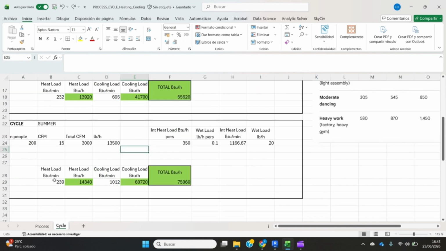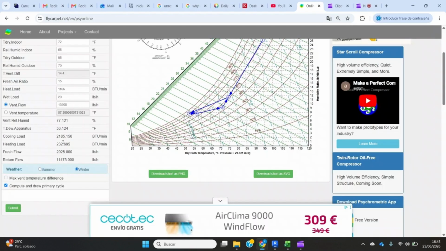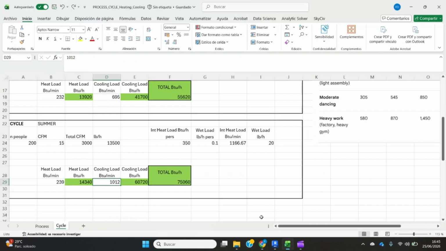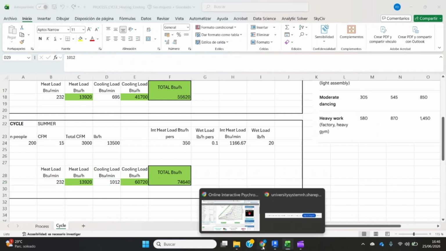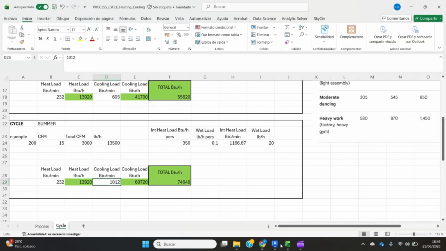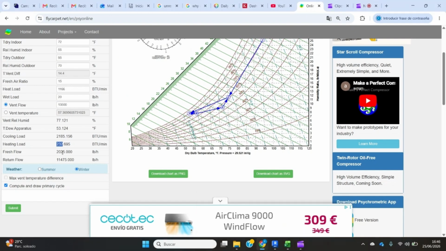And now I have to type here the heating load and the cooling load. The heating load for this option is 232, and the cooling load is 2185.